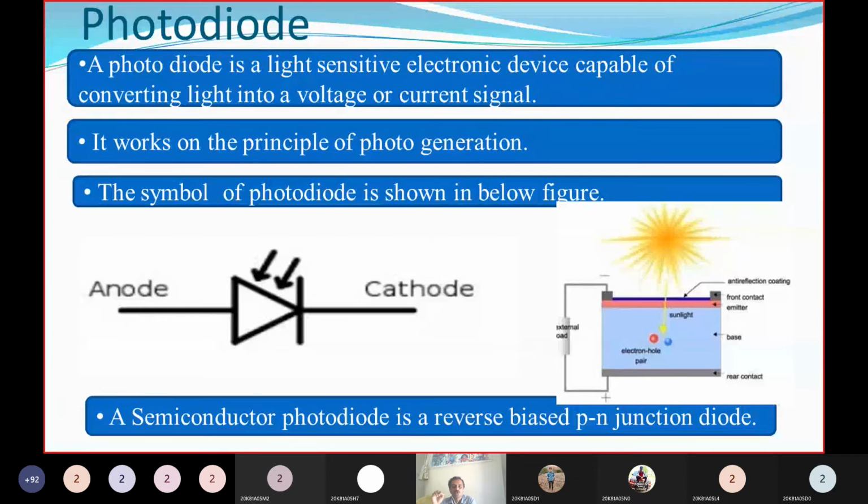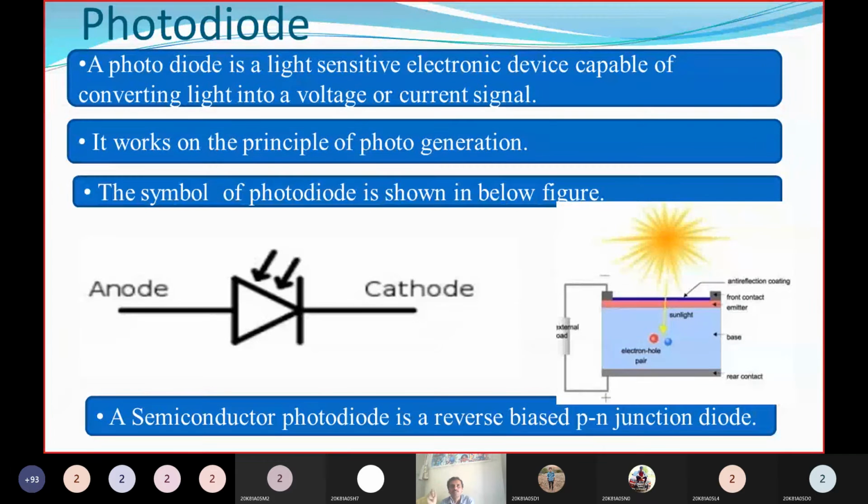Similarly, in photodiodes the width of the depletion layer should be more, so we take very little doping concentration. That is the difference between LED and photodiode.